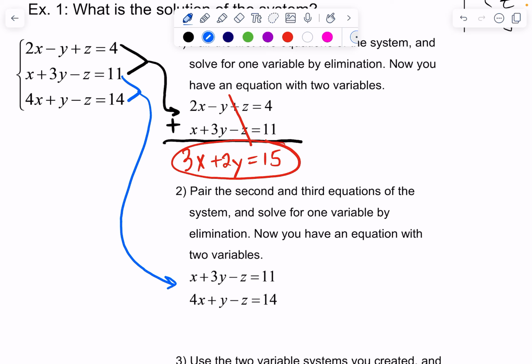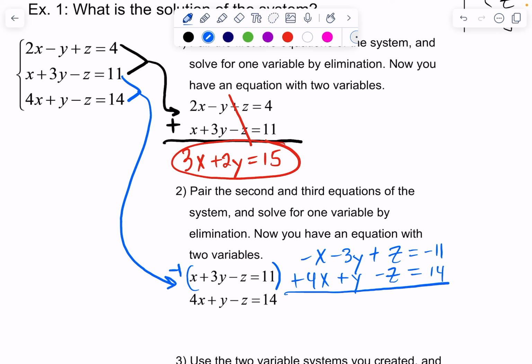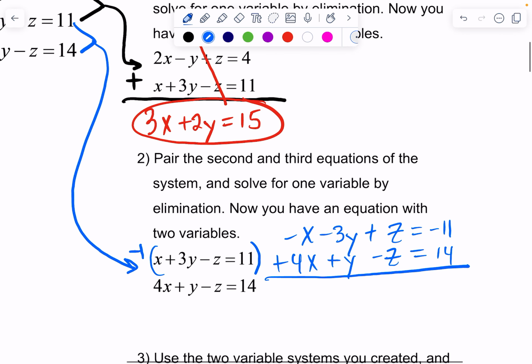So that means that in this case, I'm going to multiply this top equation by a -1 to give me -x minus 3y plus z equals -11, plus the 4x plus y minus z equals 14. The z's now can cancel, and that has to happen. So I have 3x minus 2y equals 3.